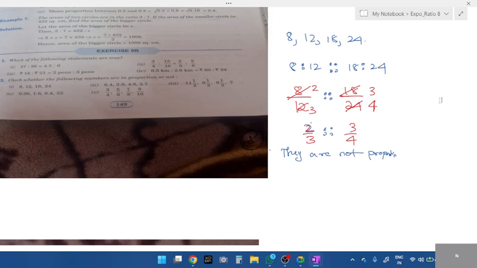Yes, any one of you will check the answer, students. Second main, first one. Are they proportion or not? They are not proportion. Is this concept clear?